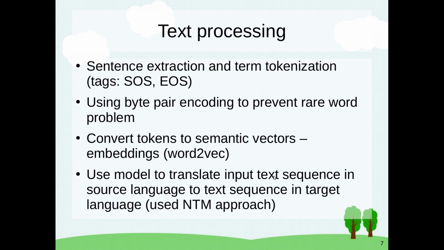And what about text processing in the developed translation module? At first, it's sentence extraction and term tokenization. When we are talking about sentence extraction, that means that we put text start of the sentence and end of the sentence at the beginning and at the end of each sentence. The next is byte pair encoding, which allows preventing the rare word problem.